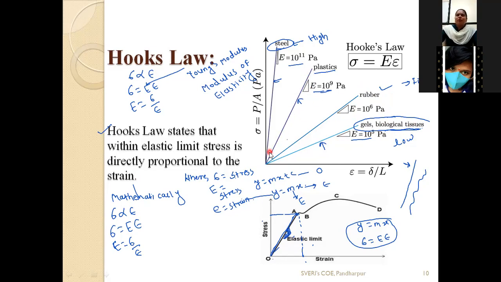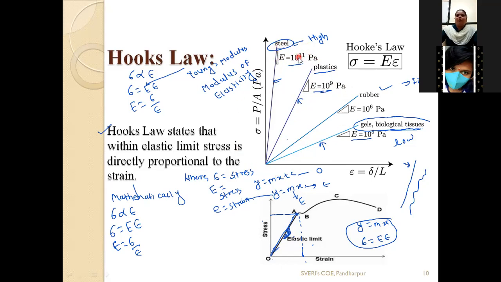This third line shows the value of Young's modulus, or slope of this line, for plastic material. So for plastic material, the value of Young's modulus is 10^9, and this last line shows the value of Young's modulus for steel, which is 10^11 Pascal.